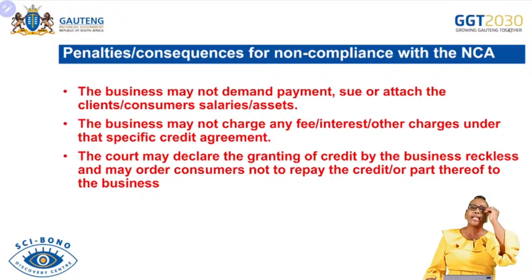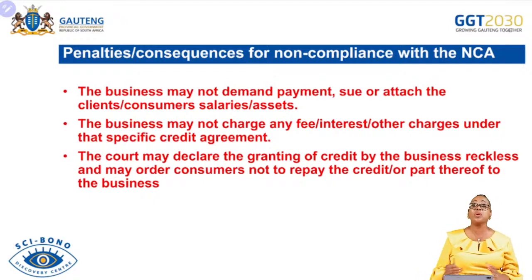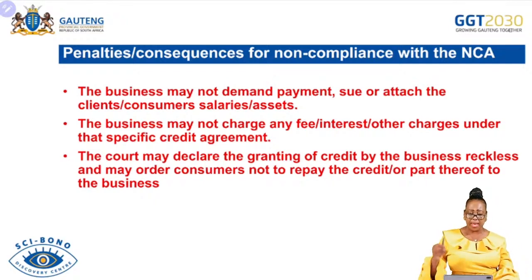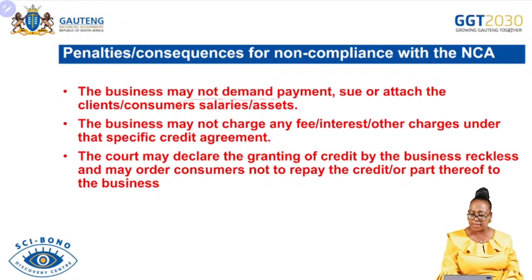For the National Credit Act, all those companies that are non-compliant, we've got to come up with a clear definition or explanation of what we mean by those penalties. The business may not demand payment or sue the clients.